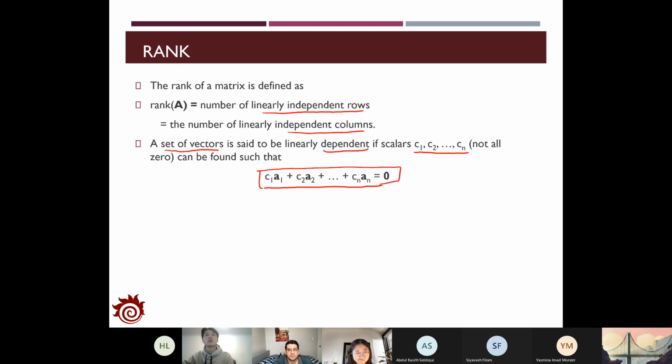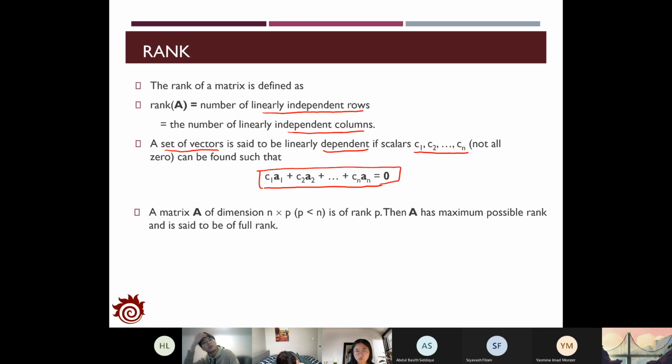If they are not dependent on each other, then we cannot. So that's the definition for the rank. It totally depends on the number of independent rows and columns.